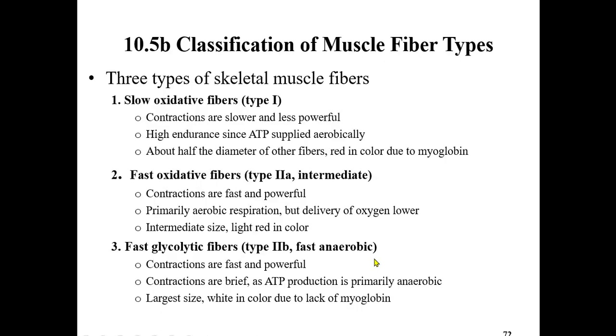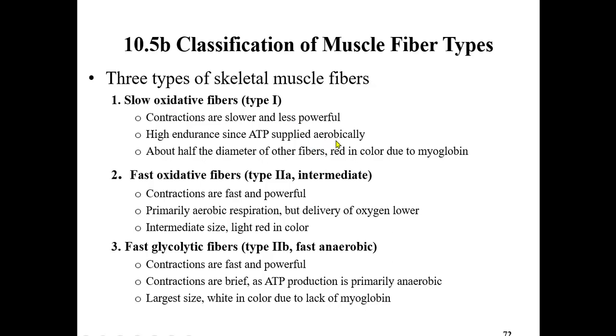Okay, next slide. This is what I mean by the three types of muscle fibers. We have the slow, we have the fast, and then we have the middle one. The middle one is hardly ever asked about, but just be aware that it exists. So you need to know the slow, you need to know the fast. Slow makes sense because it's oxidative. That means it has to do with oxygen, aerobic.